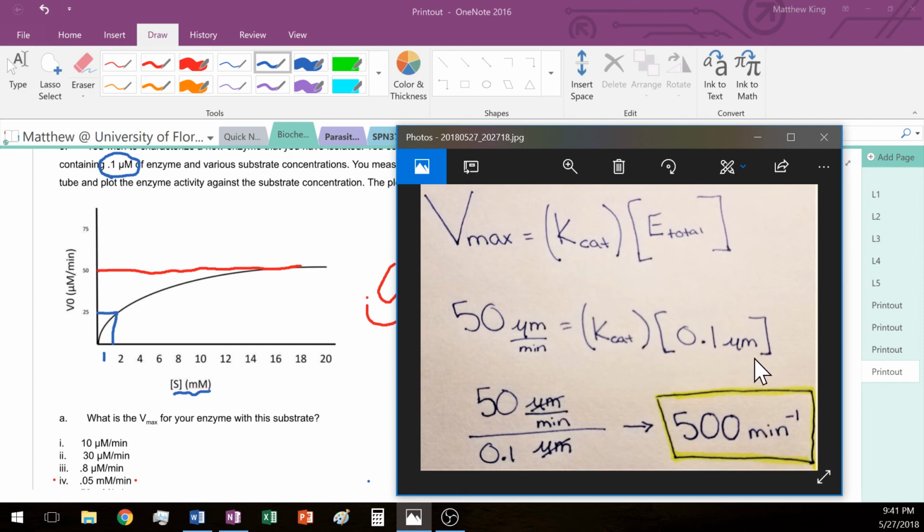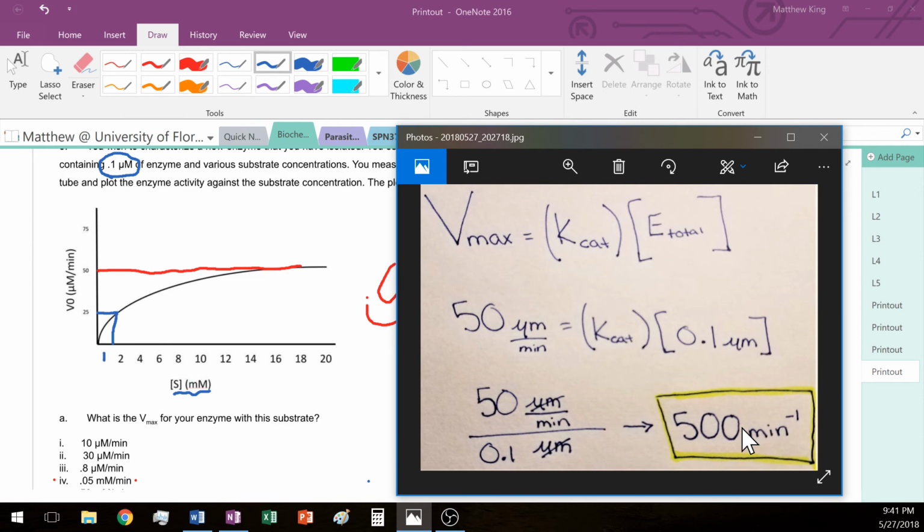You're just going to divide this term over to the other side. So you're going to have 50 micromolars per minute divided by 0.1 micromolars. And you can see how the micromolars are going to cancel out. And when you plug that into your calculator, you're basically multiplying by 10 because you're dividing by 0.1. And you're going to get 500 1 over minutes. 500 per minute is how you would read that.